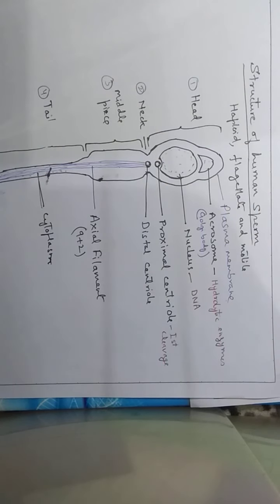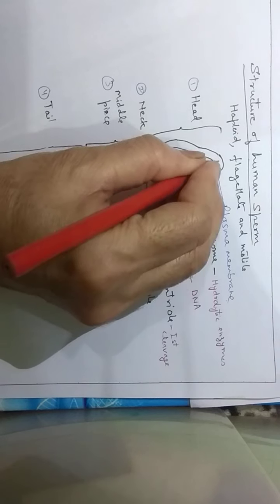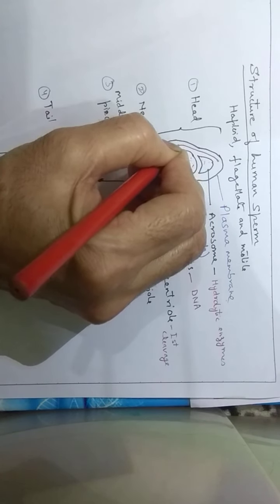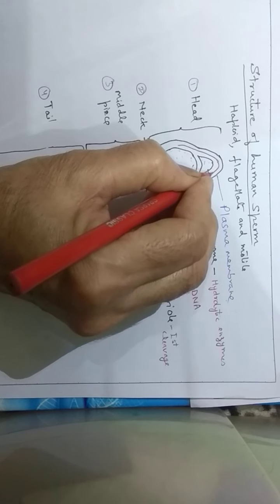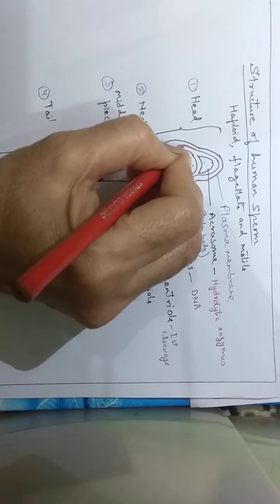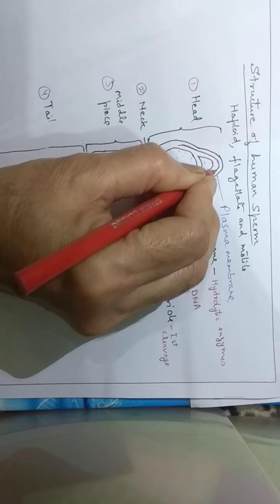There is a special type of membrane below the plasma membrane, and it has two parts.